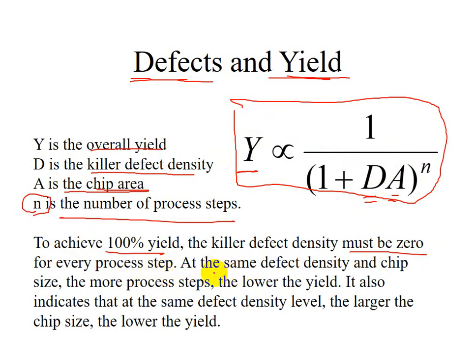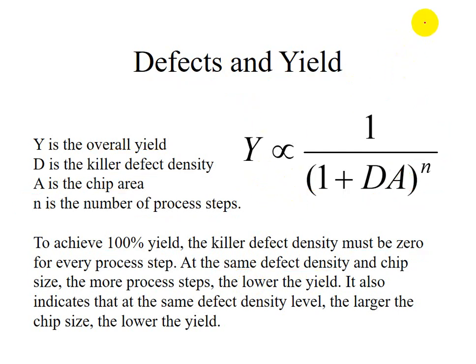If you have the same defect density, meaning D is fixed, and the chip size A is also fixed, then the more process steps, the lower the yield. So let's look at it again.